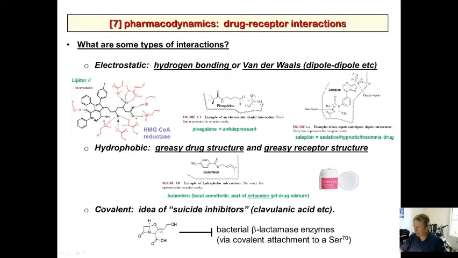So this is clavulanic acid, and it is a beta-lactam, kind of like the beta-lactam antibiotics or the cephalosporins, and it inhibits bacterial beta-lactamase. And how did it do it? Serine 70 was an alcohol, serine, right? It attacked the beta-lactam and got covalently attached, right? So serine 70 got covalently attached to the drug.